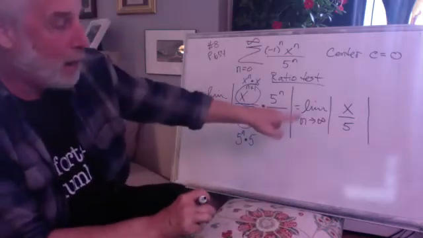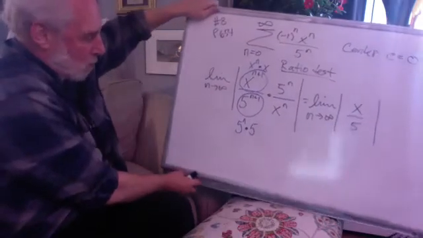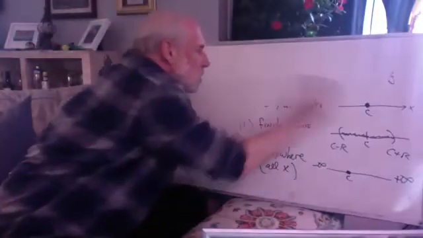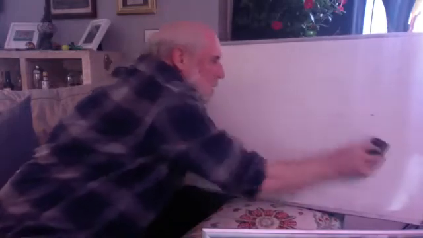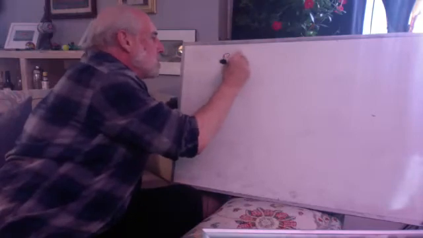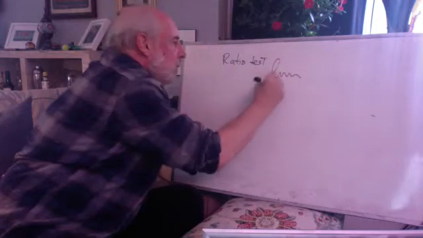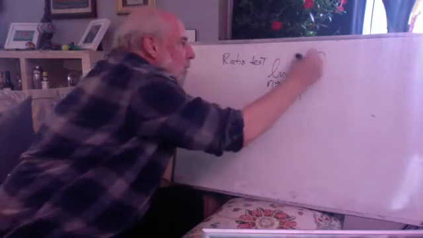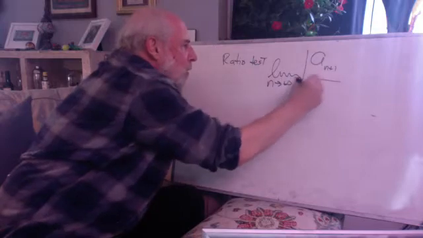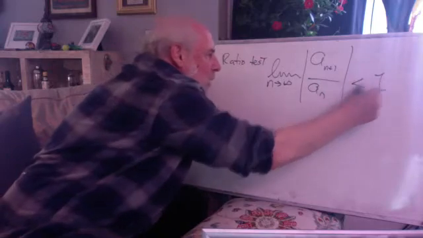So here's the thing, we have the ratio test. So let's go back and do a quick thing from the ratio test. We get the limit, n goes to infinity, of a sub n plus 1 over a sub n. Now, if this is less than 1, we converge.